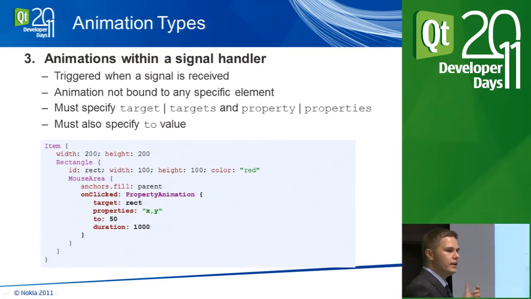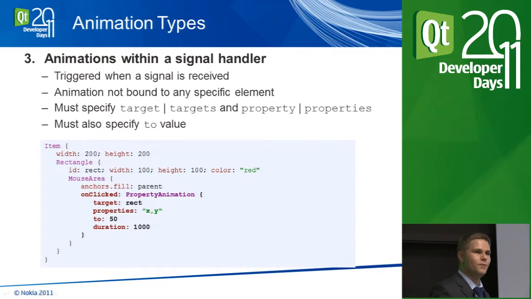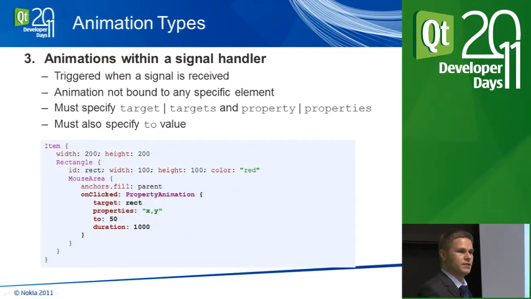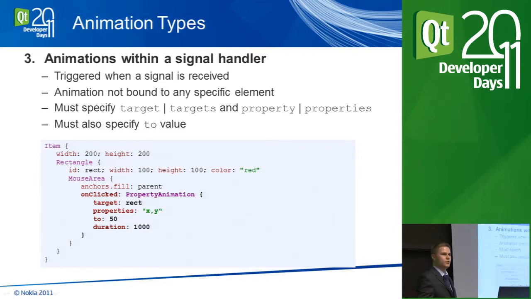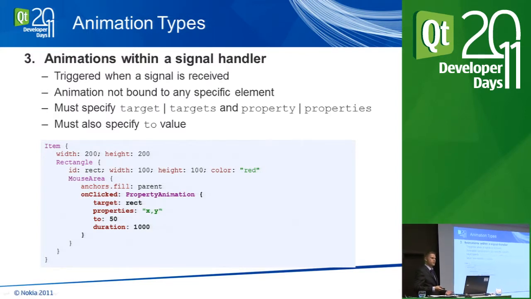Previously, we knew what these properties were because our animation was basically bound to those properties already. But now we have more individual animation. And we need to tell it the target, properties, and then we specify how we want to animate the target and how long we want the animation to run.